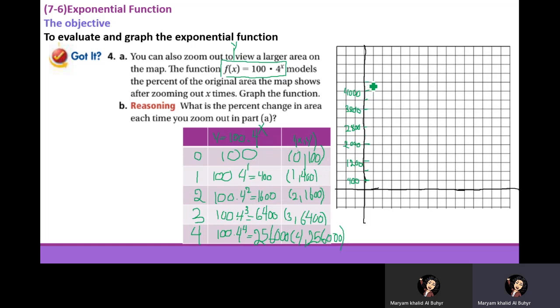That is 4,400, 4,800. That is 5,200. That is 5,600.